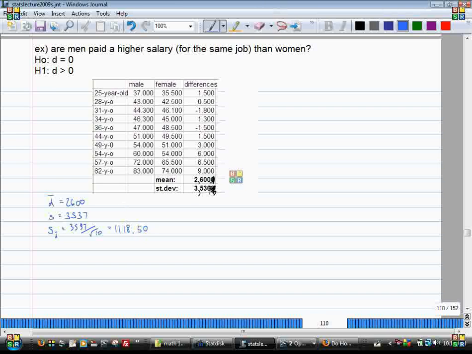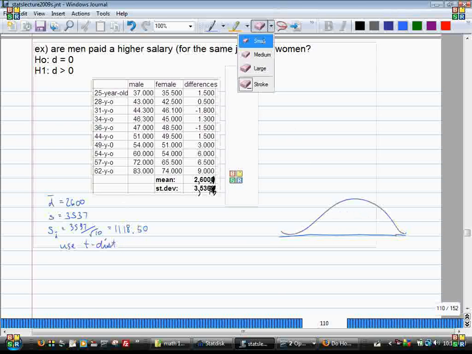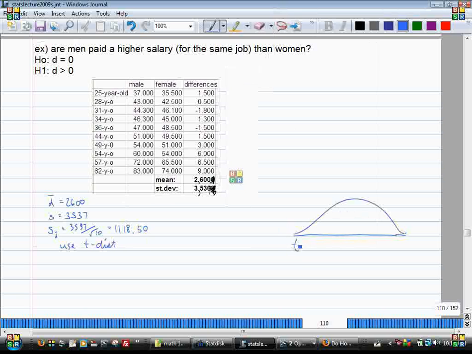And so now what? Draw the picture. Now what are we drawing the picture of? Or I mean, what distribution? Okay, so how do we label this? Okay, so there's a T, and what else?